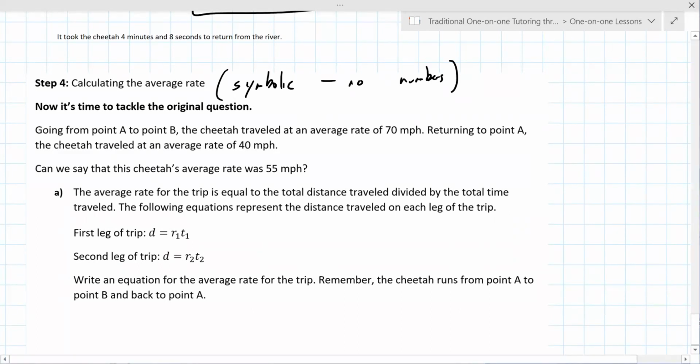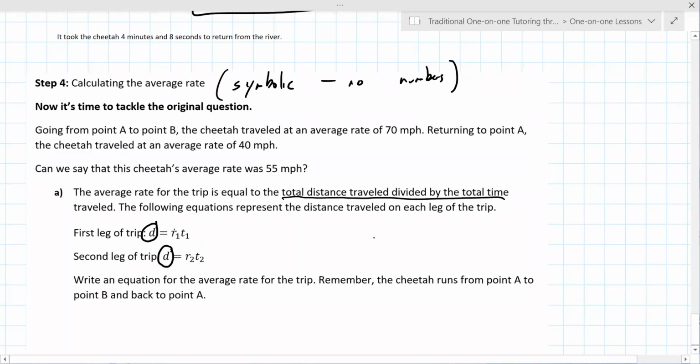Okay, so part A is saying the average rate for the trip is equal to the total distance traveled divided by the total time. Okay, so they're telling us up here the total distance traveled divided by the total time traveled. So the distance there is D, the distance back is D, and R1 and T1 and R2 and T2 are the rates there and back, and the time there and back.